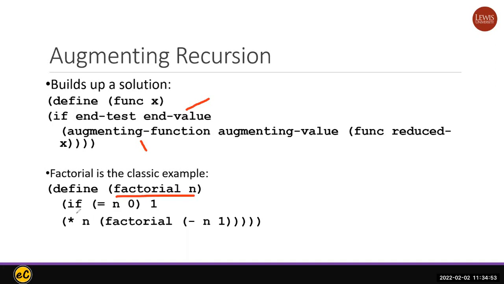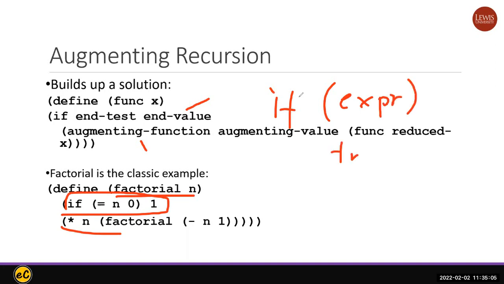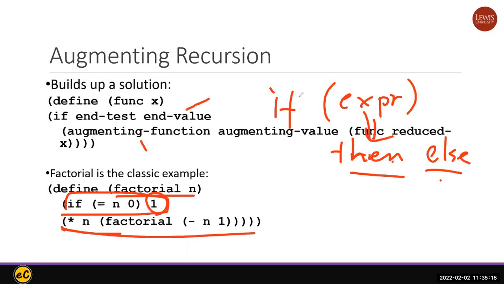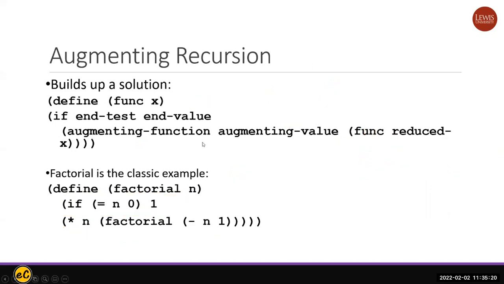The if is the base condition: if, then an expression, the true portion, then the else portion, two expressions here. This one is used for the base condition, and this one is used for the recursive condition. So that's the basic function for recursion.